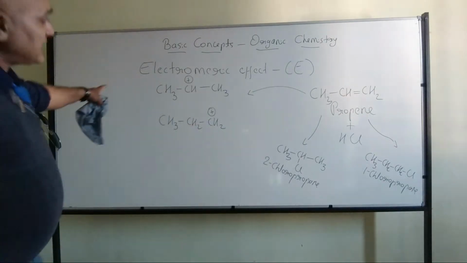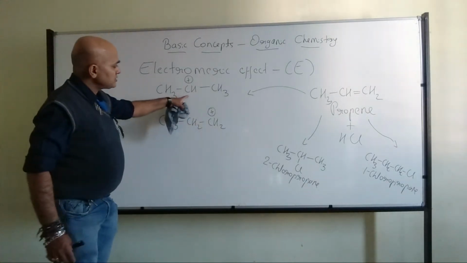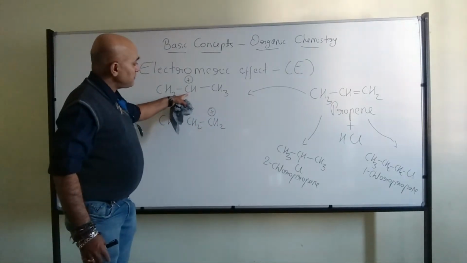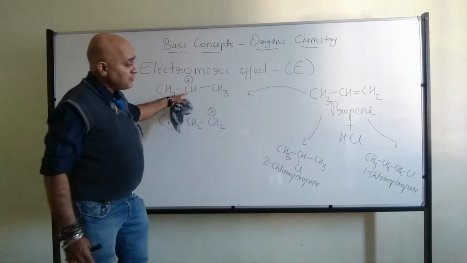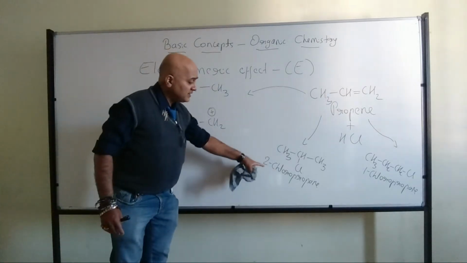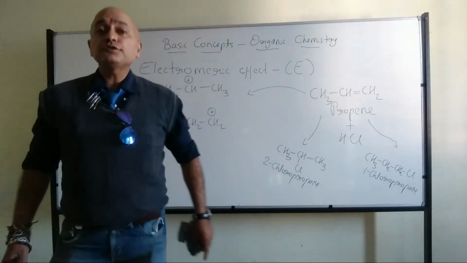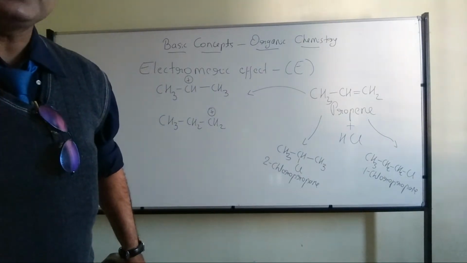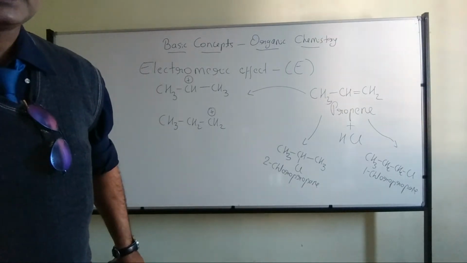Since secondary carbocations are more stable compared to primary carbocations, this will be formed as the intermediate which will be attacked by the Cl minus. So 2-chloropropane should be the major product.